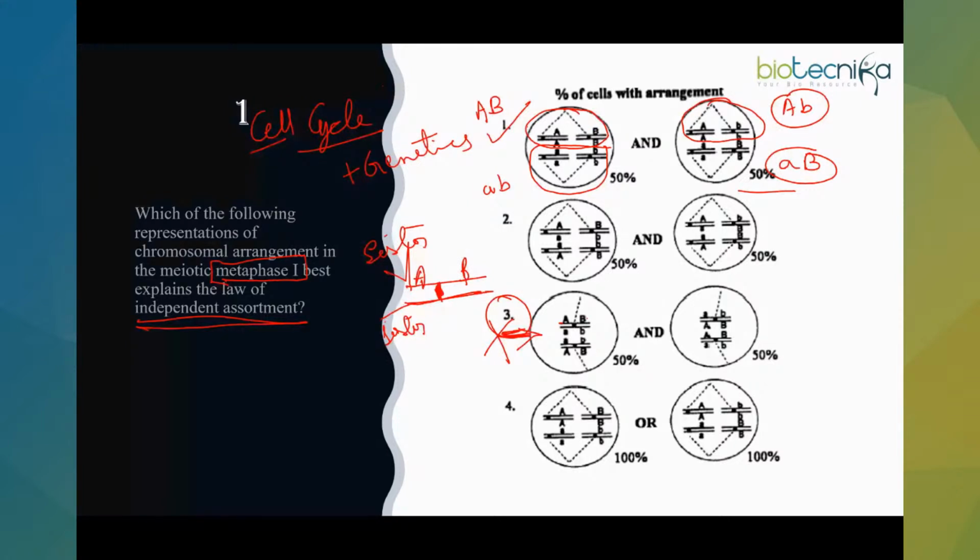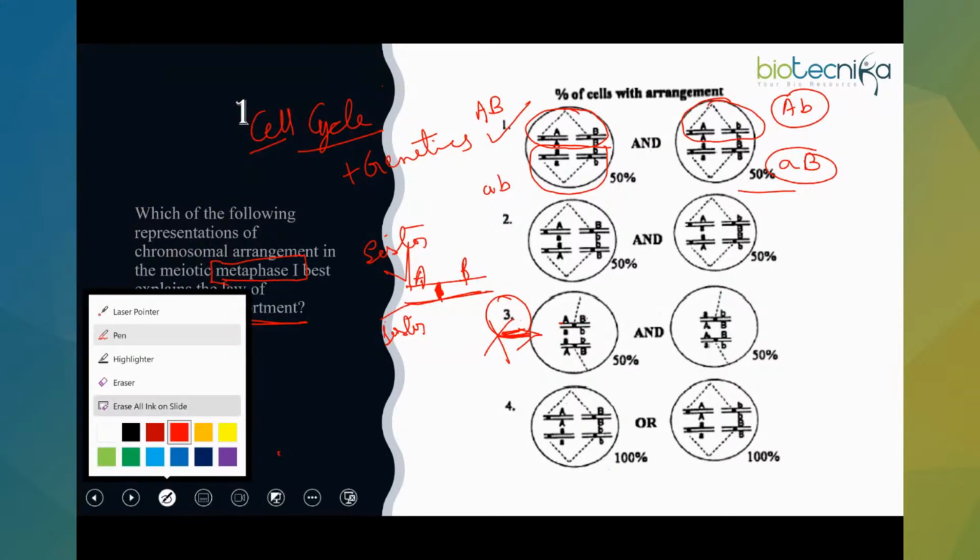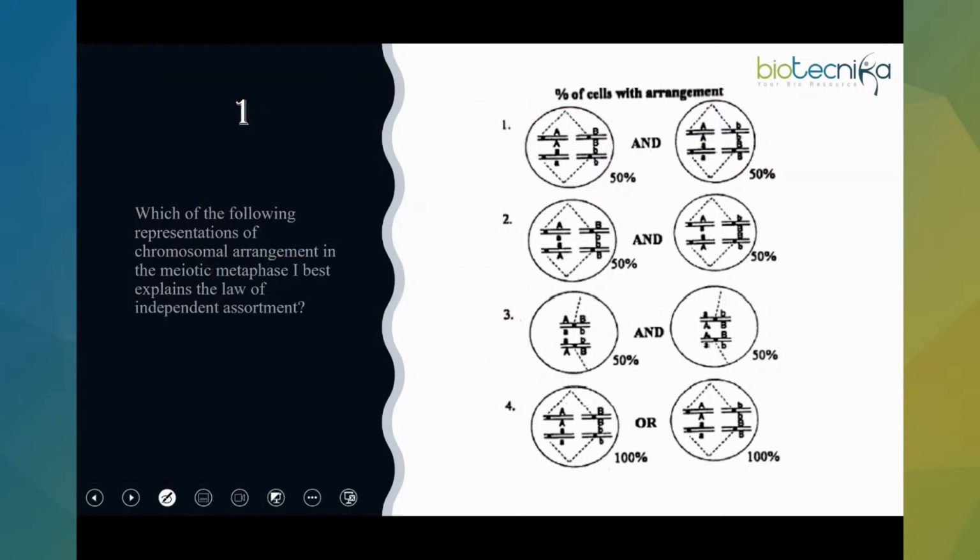Okay. Yes, I will re-explain this entire question once again. Right. So in this question, it is talking about independent assortment. Okay.